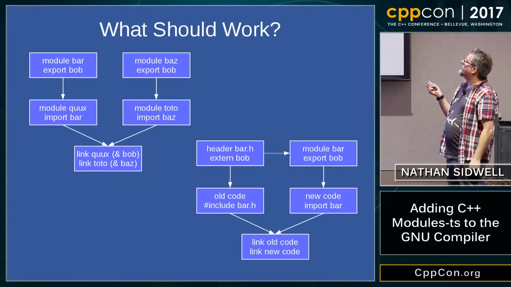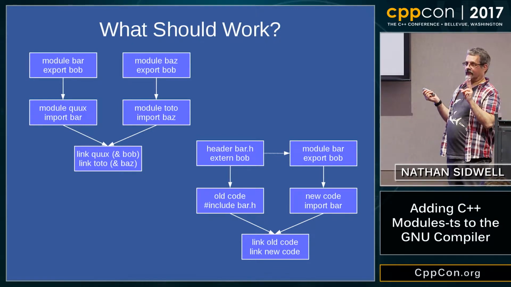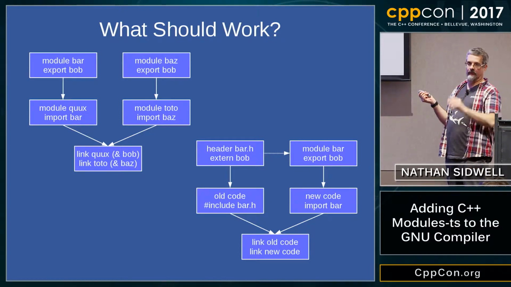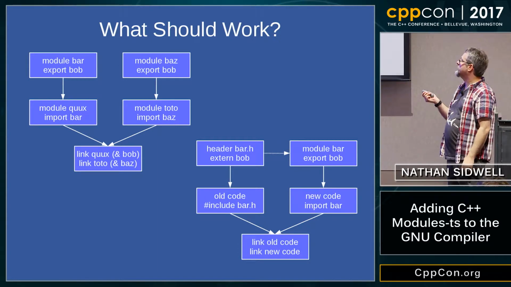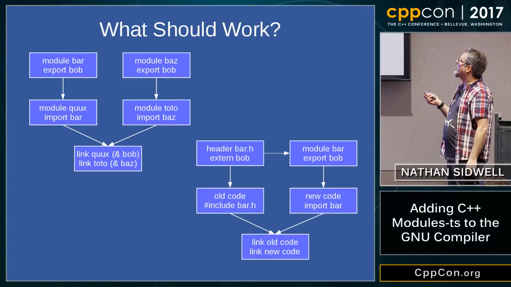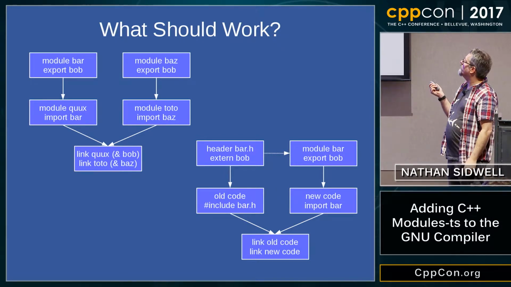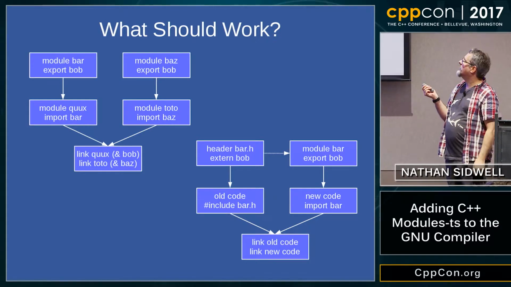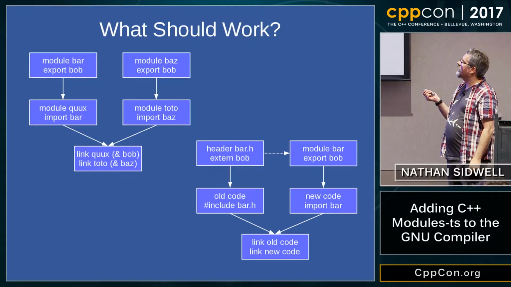There are two cases of interest here. Either this is unrecompiled code that we can't touch. Should this end up being the same bob and not get a redefinition error or confusion? The other case is that the authors, when they modularized this, provided a backwards compatibility header that you can recompile this code with, using a hash include.